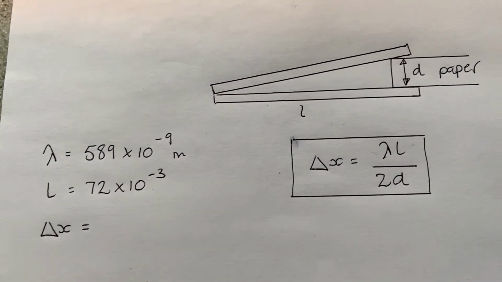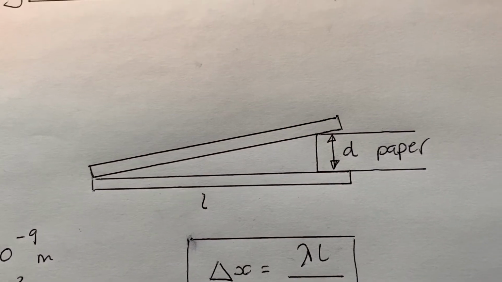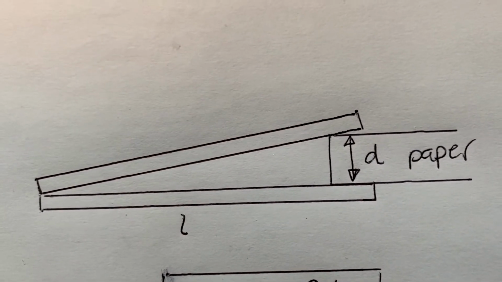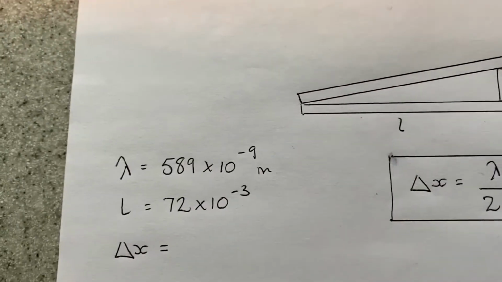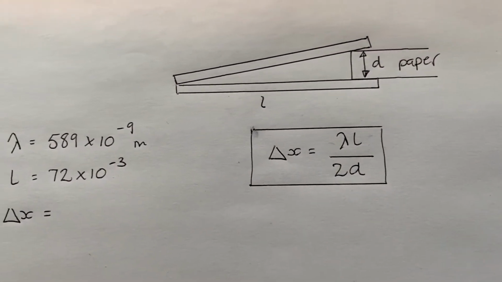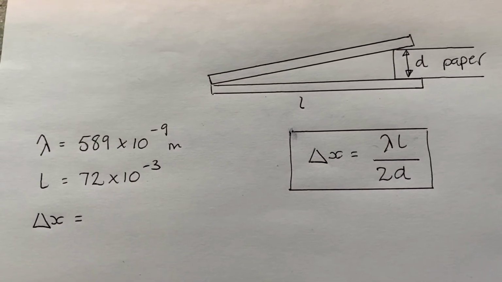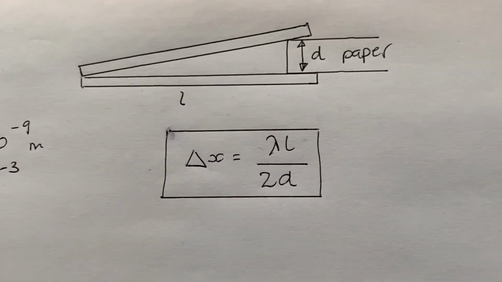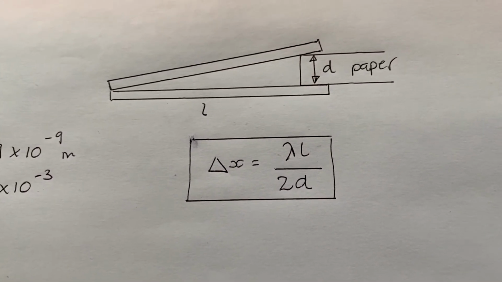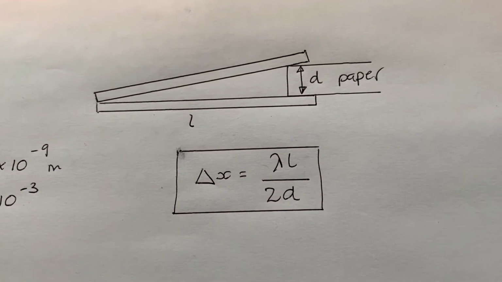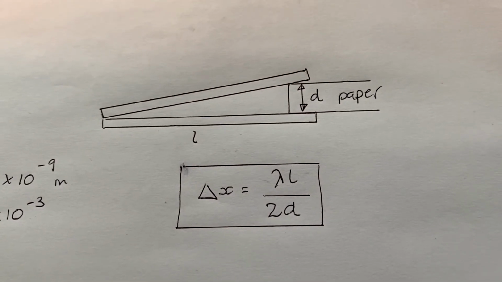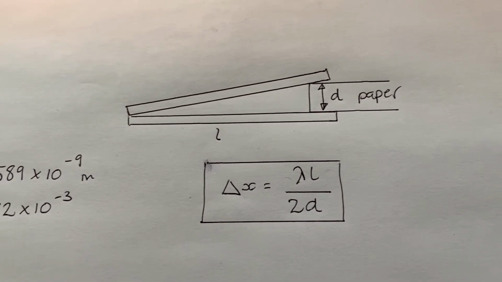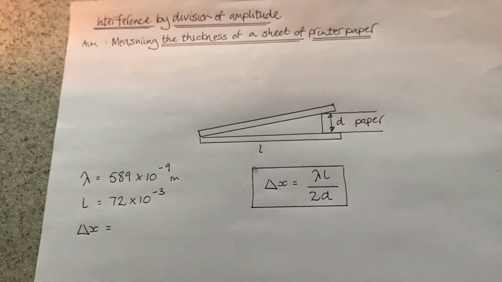The length of the microscope slides is 76mm, but we're sticking the paper in 4mm, so the length of the air wedge is going to be 72mm. Then if we measure delta x, that's the fringe spacing, we should be able to work out what small d is. That's the thickness of the paper. So we're going to rearrange this equation for d, and then we know lambda, we know L, we're going to measure delta x, and we should be good to go.